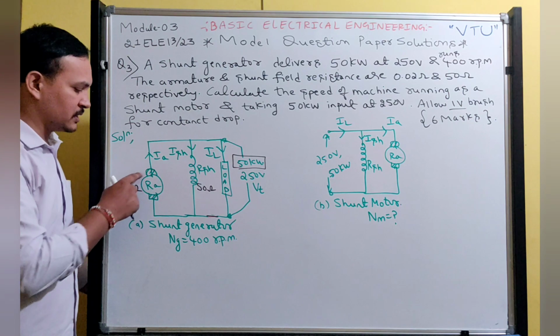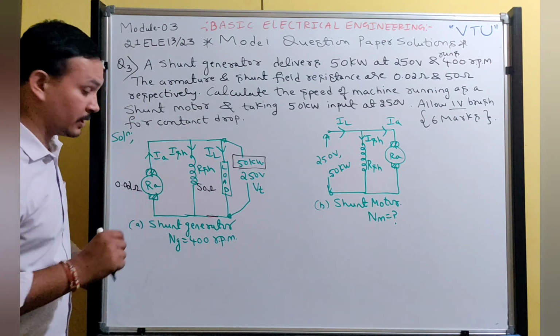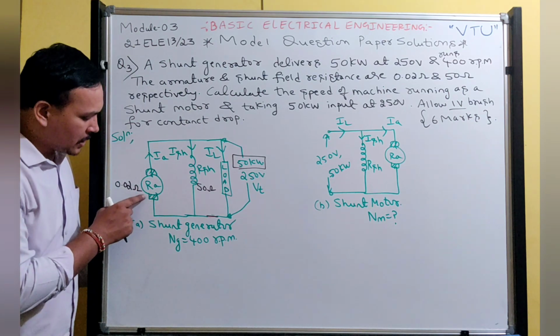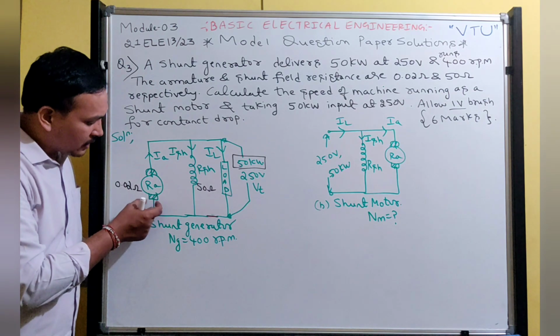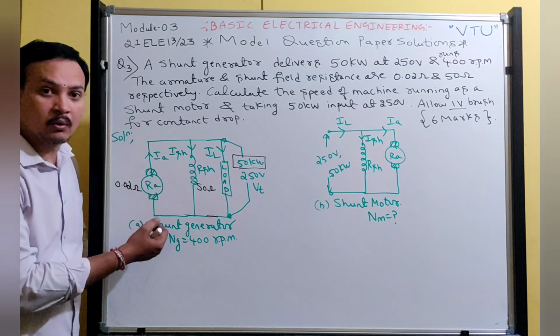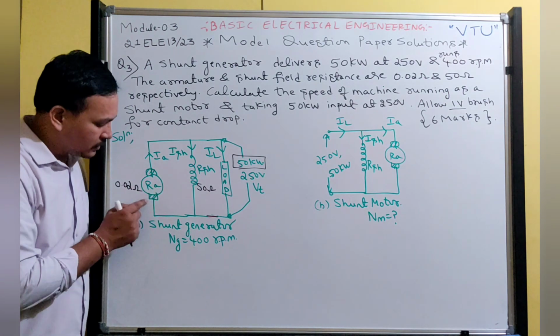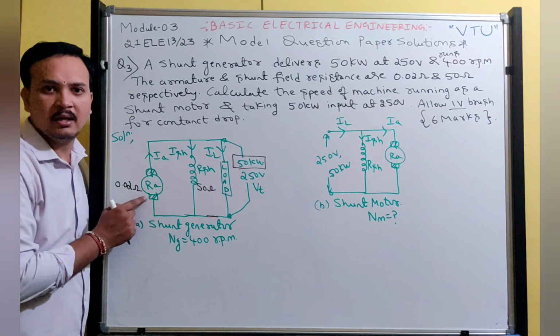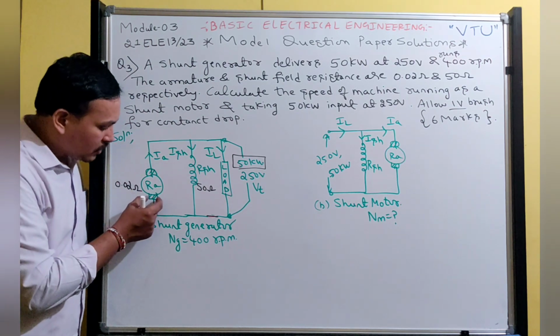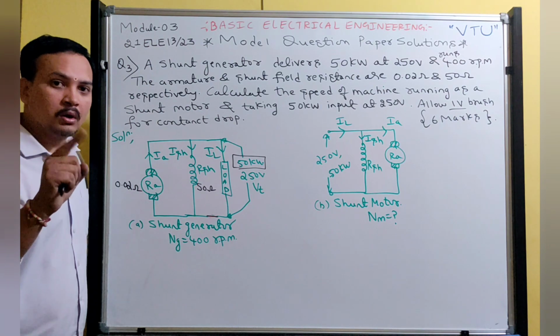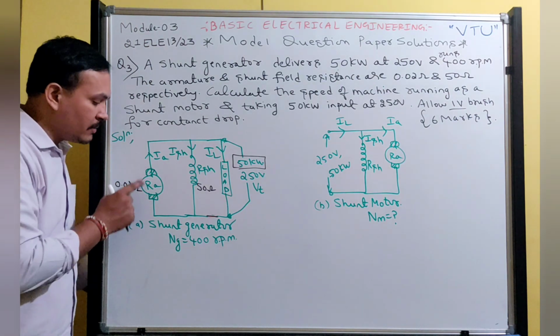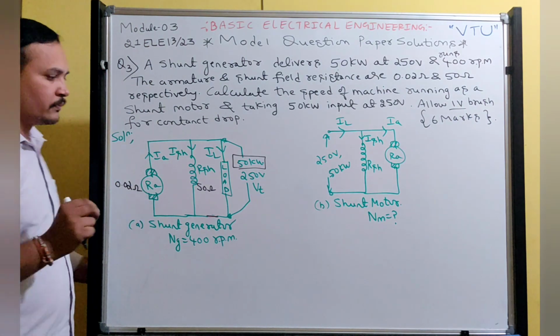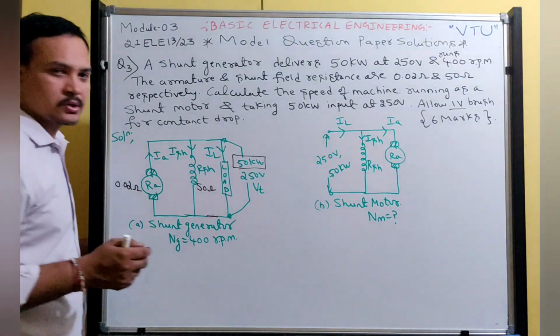You might have studied this in the construction of a DC machine. That is very important. These brushes collect the voltage, and while collecting, there will be a small voltage drop in the brush. They gave 1 volt drop per contact. Minimum contacts are 2. Got it? Now we can solve this.